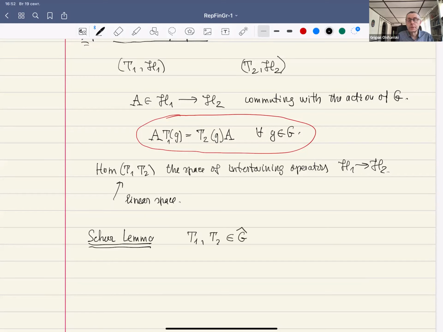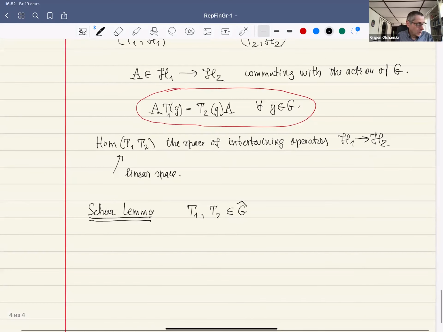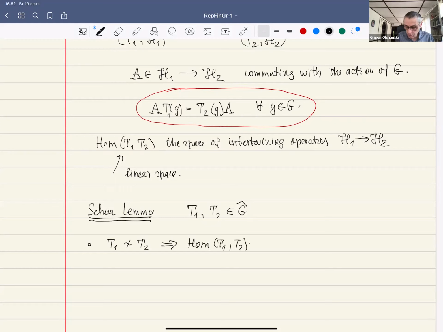This notation already means that they are irreducible. And we have two cases. One is that they are not equivalent, and then the space of intertwining operators is trivial, only zero.